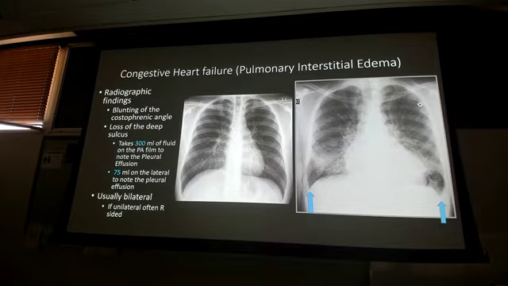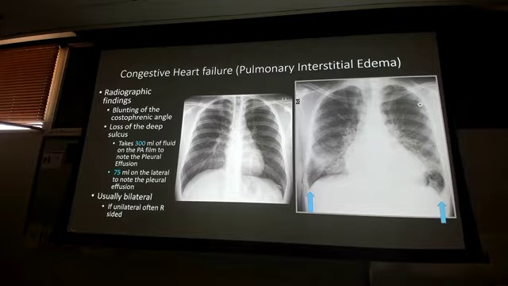All right, looking at the costophrenic angles. So this is where our pleural effusion comes in. So look at my normal, sharp points. Sharp points at the end of my costophrenic angles. Okay? Here, it comes down and it's not really a sharp point, right? It's kind of rounded off.